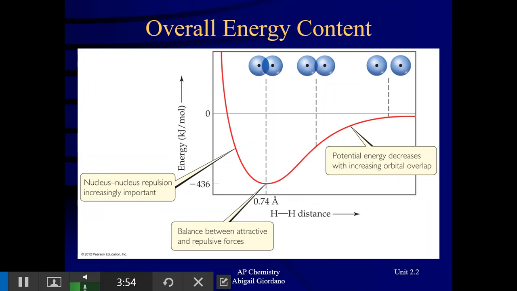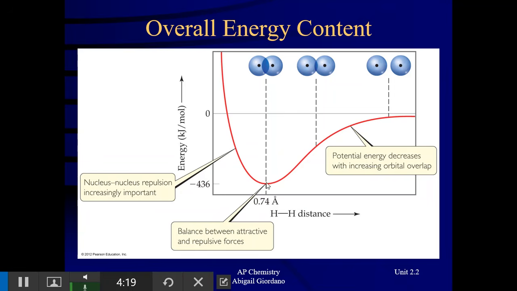All right, I want you to imagine that we continued on this curve to the left. If I continued to push these two atoms even closer together, that's too close, and they're going to start to experience forces of repulsion. The nuclei are going to repel each other. The electron clouds are going to repel each other.